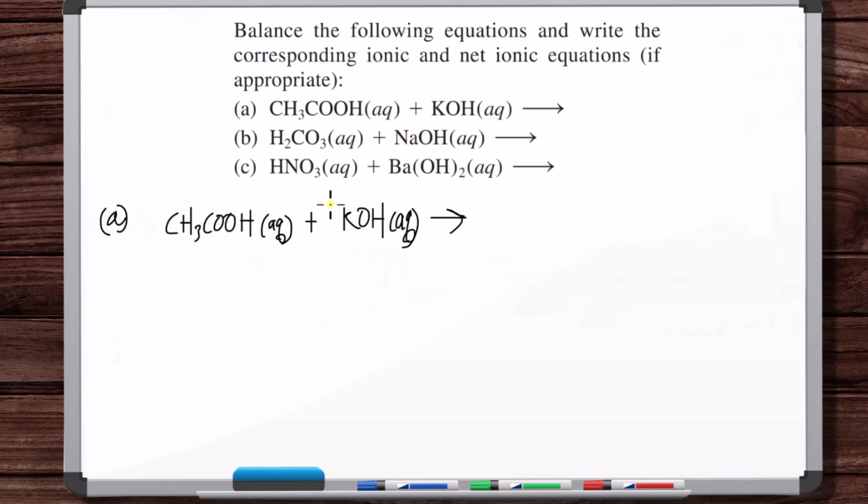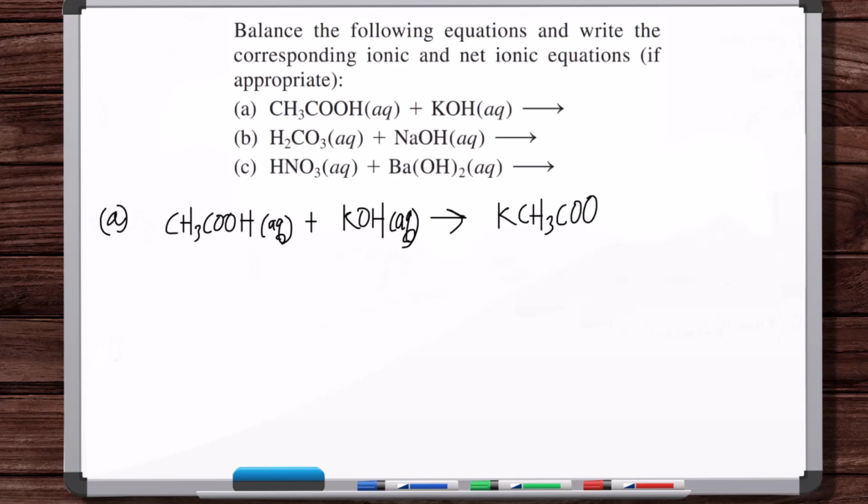Well, we just combine the cation associated with the base and the anion associated with the acid. So you've got K plus and CH3COO minus. Okay, so that's KCH3COO.